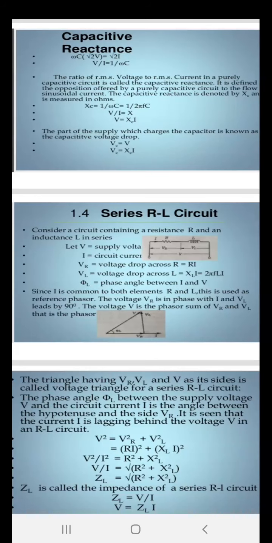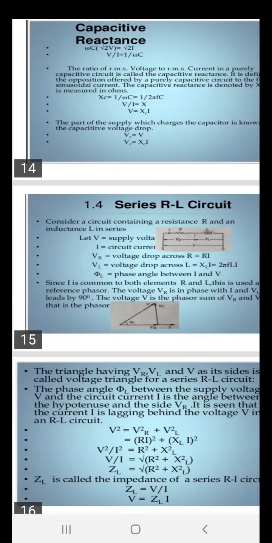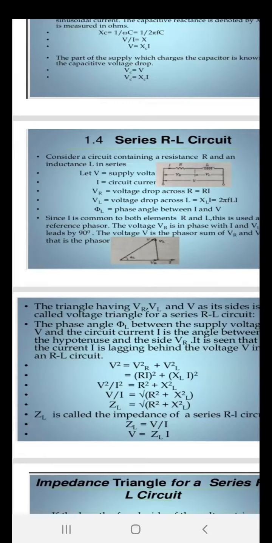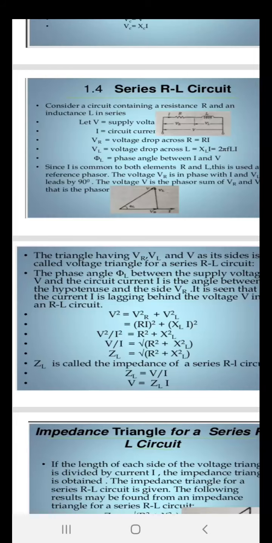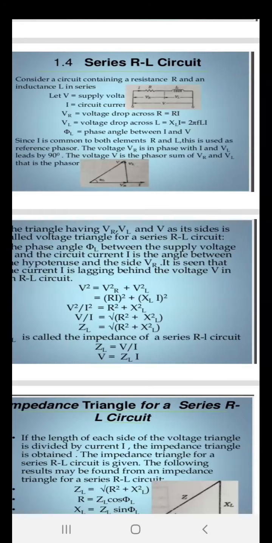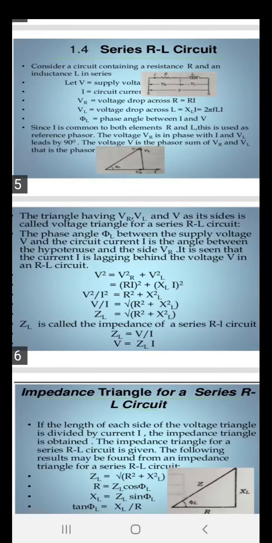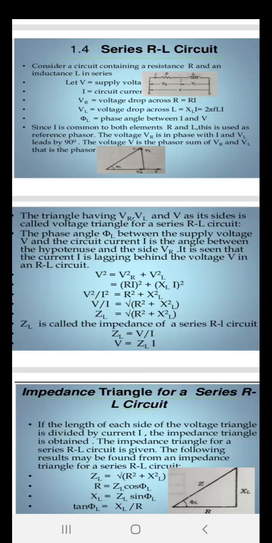Voltage V is the phasor sum of V_R and V_L. The triangle having sides V_R, V_L and V is called the voltage triangle for the series RL circuit.